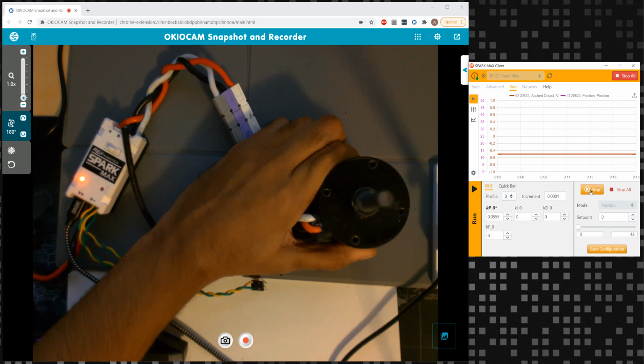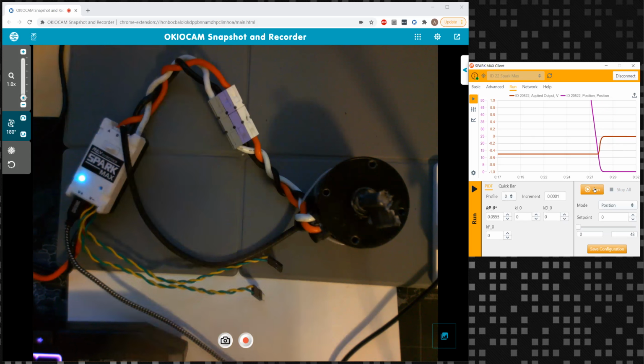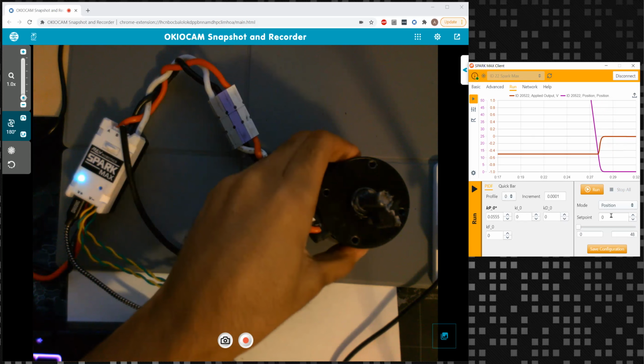Unexpected. Okay, well, the motor is just spinning. Is it working? All right, there it goes. Okay, it was just really far away from 0 because I was doing velocity with it, which we're going to do in a second. Now it's all back.